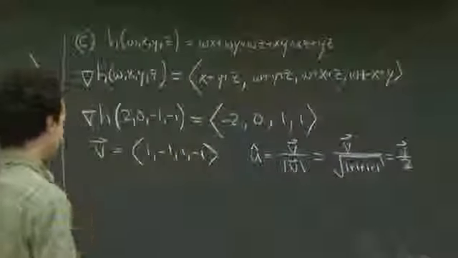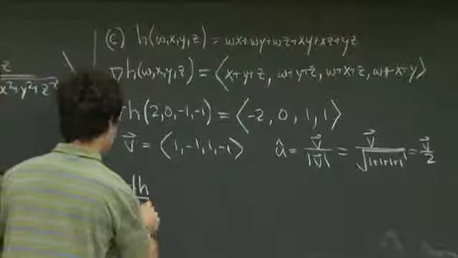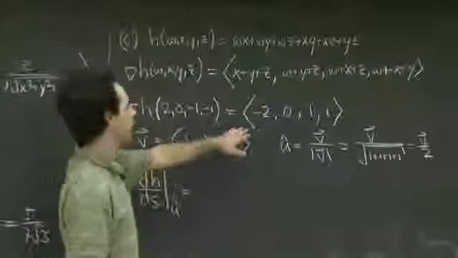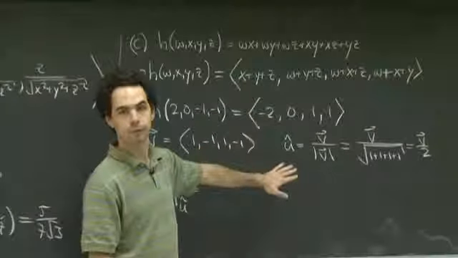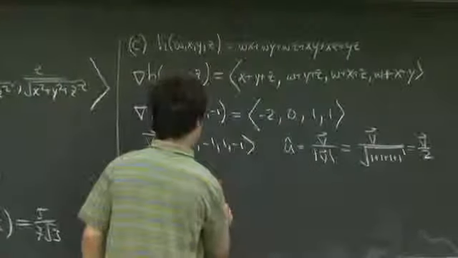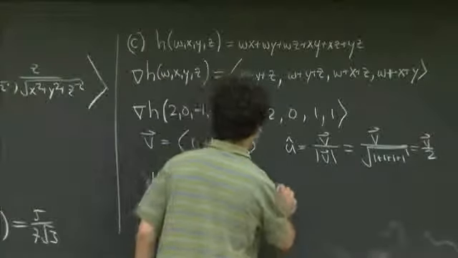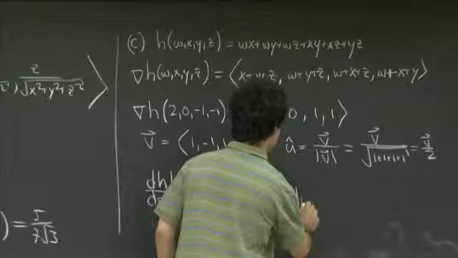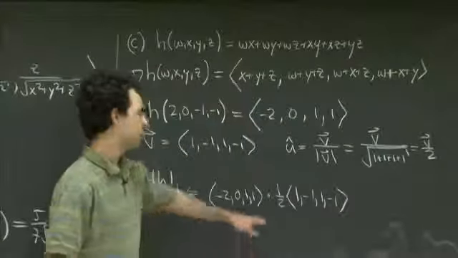And finally, I get that the directional derivative, dh/ds, in this direction u, is what I get when I dot this gradient together with the direction in which I'm heading. So this is minus 2, 0, 1, 1, the gradient, dotted with the unit vector of the direction, which we just computed.